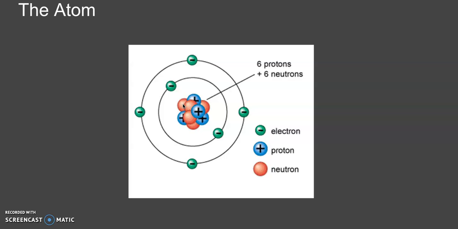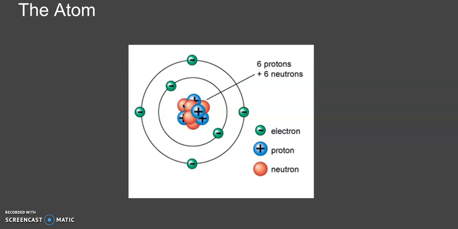This is an atom of carbon. And an atom is the smallest divisible unit of an element. And so an element is a singular substance that has a unique group of properties that can be no further divided while retaining its properties, retaining that atom's structure.